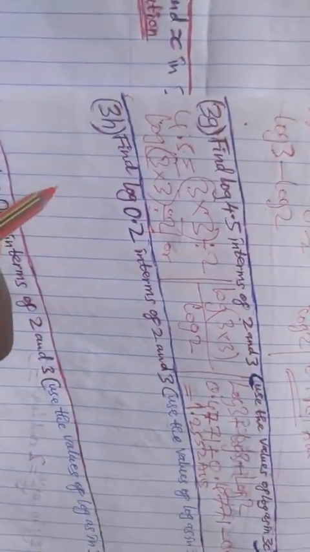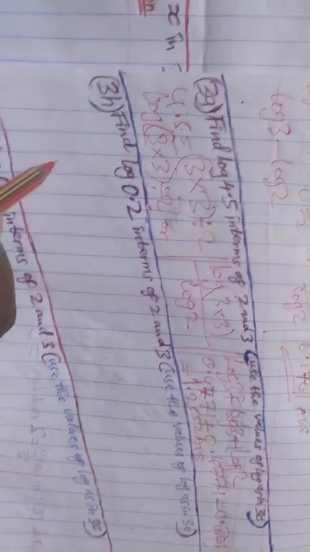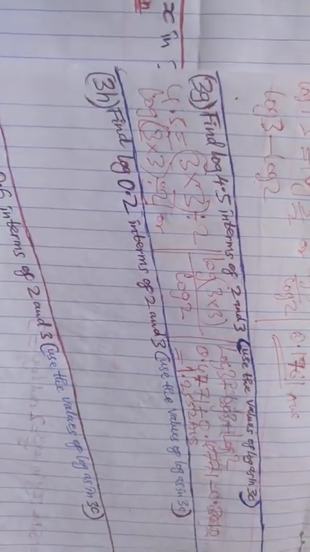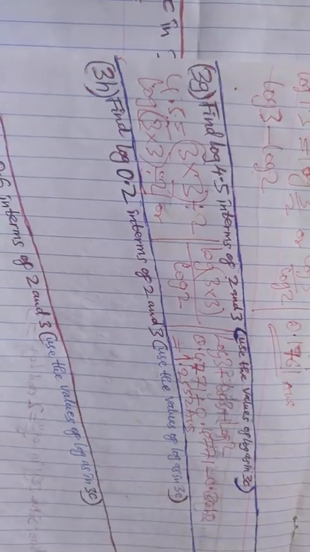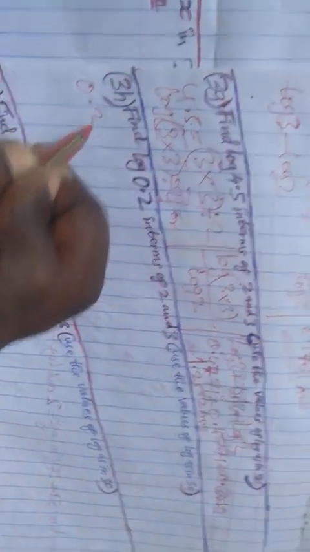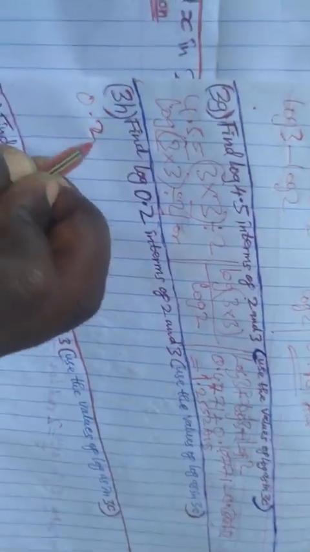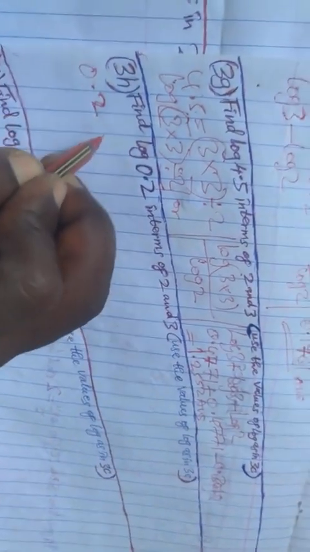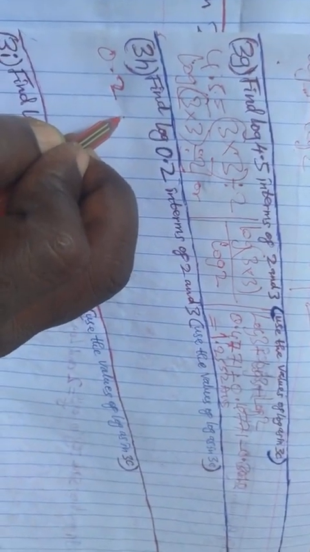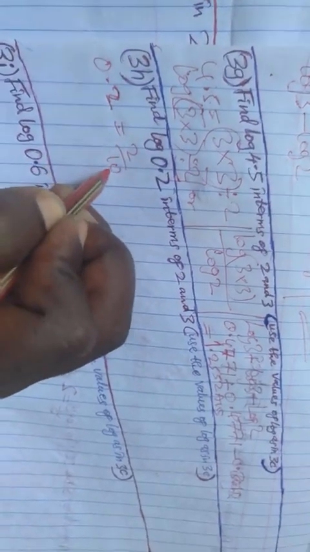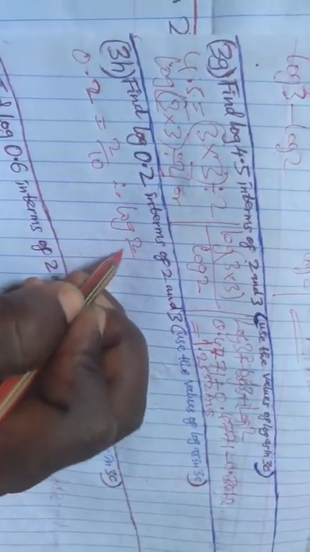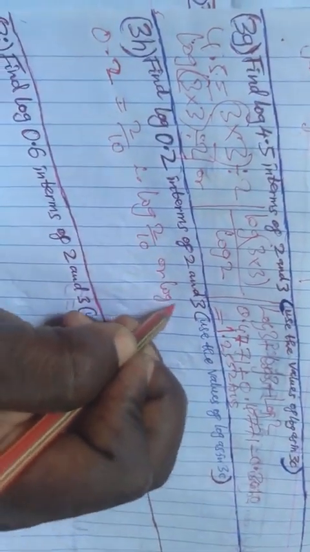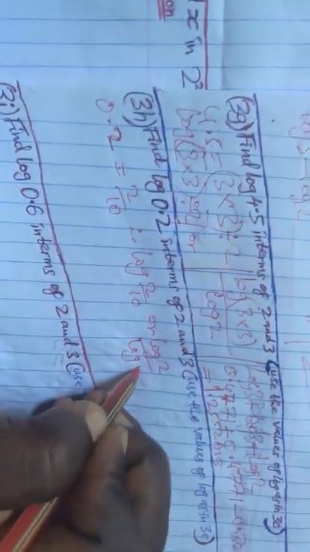So for this we say, since there is no way we are going to get 0.2 from 2 and 3 by either division, subtraction, addition, or multiplication, we use the common logs. Hence, 0.2 is the same as 2 over 10. Therefore, log of 2 over 10, or log of 2 over log of 10.